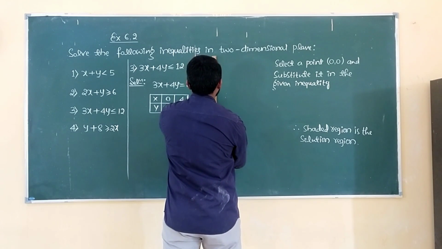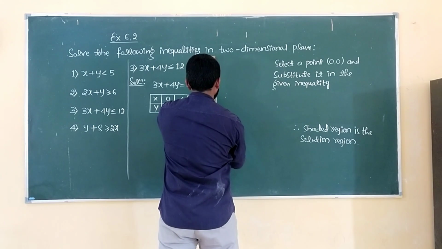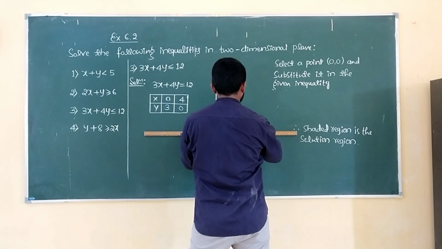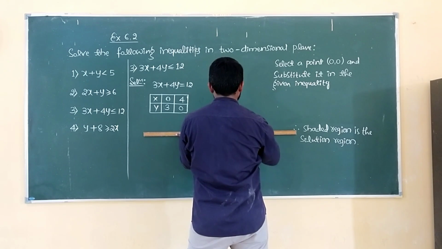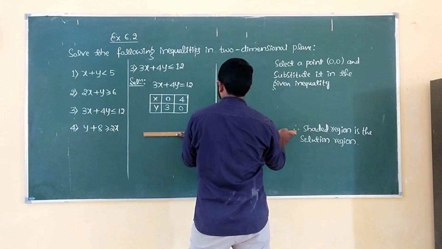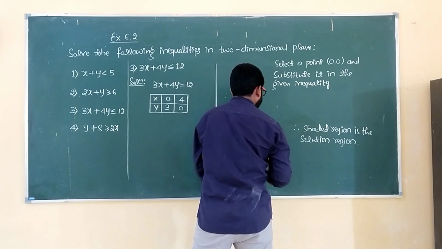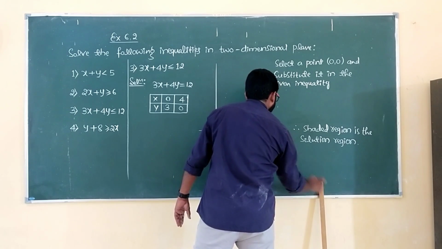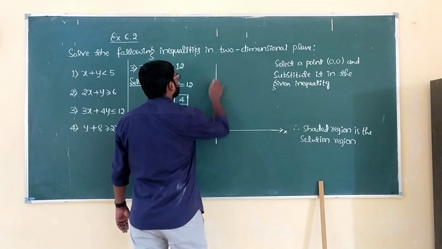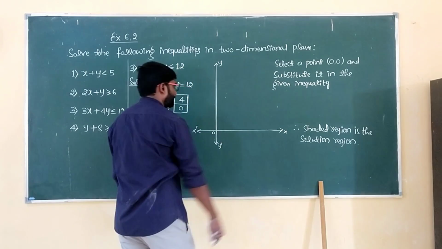So let us proceed with the graph. So this is x, O, x dash, and it is y, O, y dash.